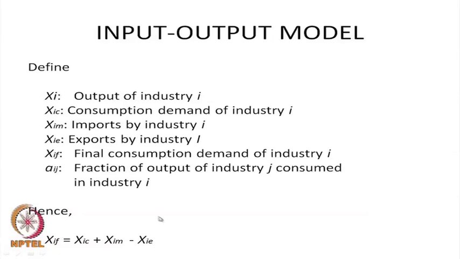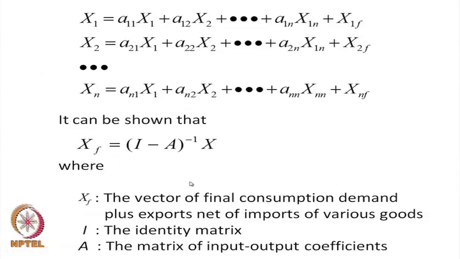Let us understand, here we are trying to say the consumption demand of industry 1 is its own consumption, final consumption plus the amount of goods produced in different industries, a fraction of it consumed.